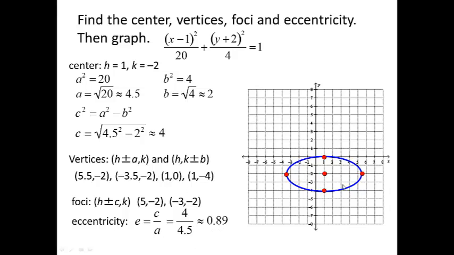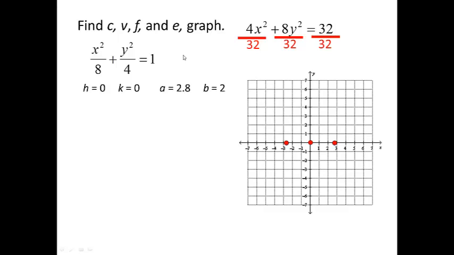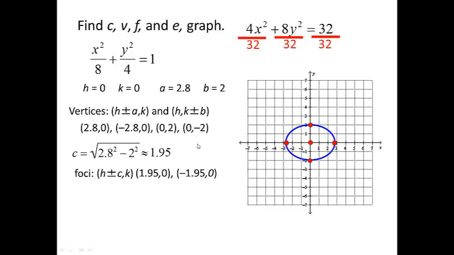Notice the flatness looks very similar to the last one, which was 0.87. All right, if you want to do this one, okay, just check your work. All the same steps as before, and I hope you got that one right.